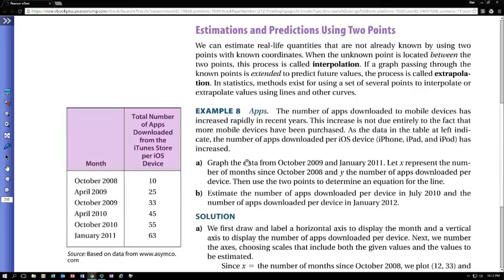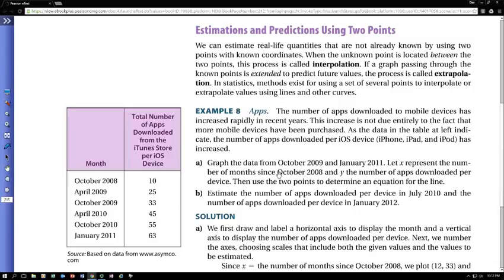Remember iPods? It's been a while, right? Almost more than 5 years, which is like some kind of eon in the technical world, right? We could graph this data. That's what they're saying. Graph the data from October 2009 to January 2011. Or take the ordered pairs, right? That's really another way to say that.